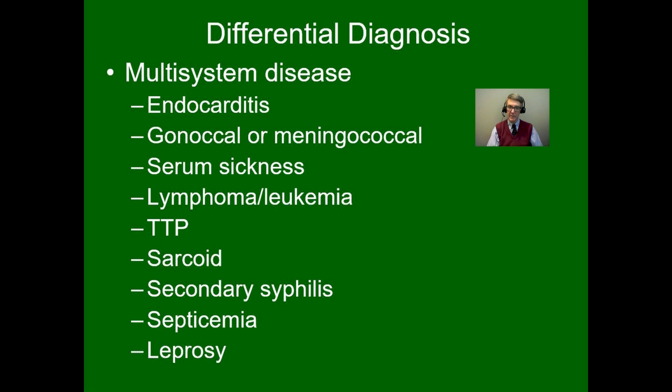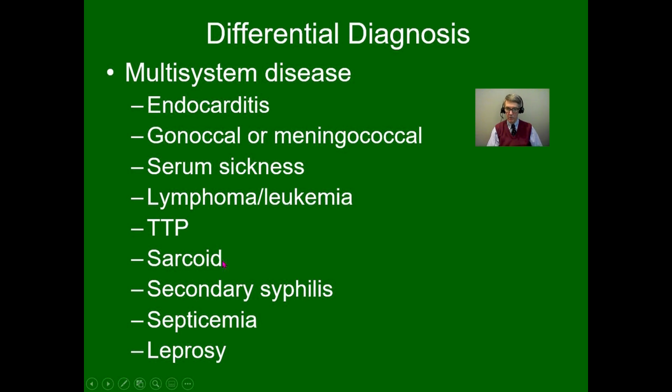Hematologic malignancies such as lymphoma or leukemia can look very much like lupus with joint pain and swelling, etc., weight loss. Thrombotic thrombocytopenic purpura can present with low platelet counts. Neurologic involvement, again, can look like a lupus.